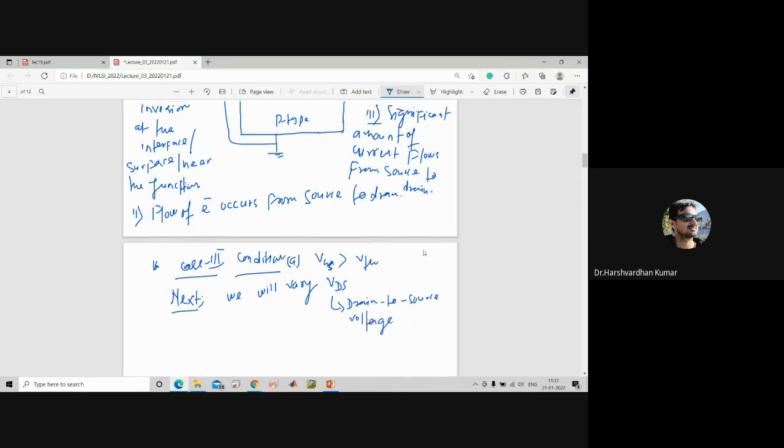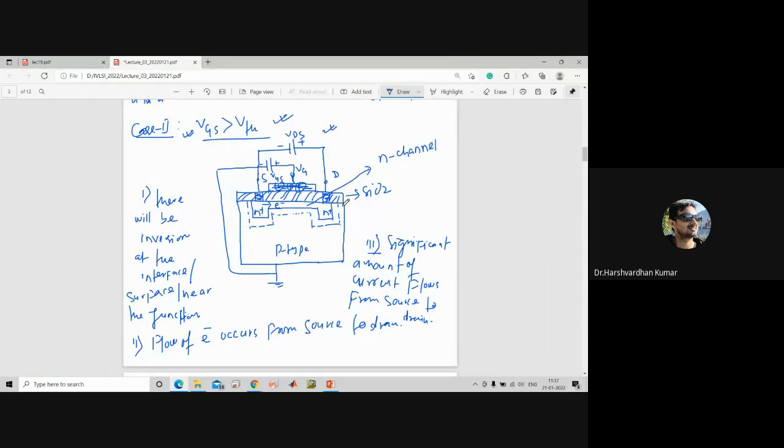See here what will happen. If you see the diagram, drain is connected to the positive terminal of the battery, and the p-type semiconductor is connected to the negative side of the battery. So there will be a reverse bias here. Means the N plus P diode will be reverse biased, right?